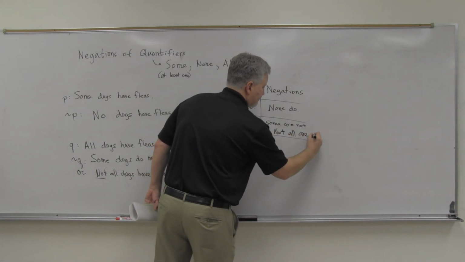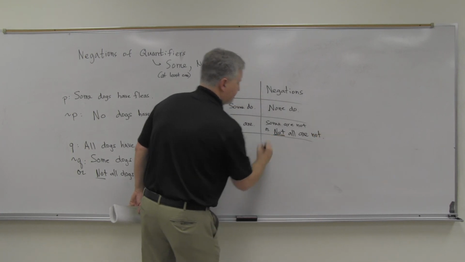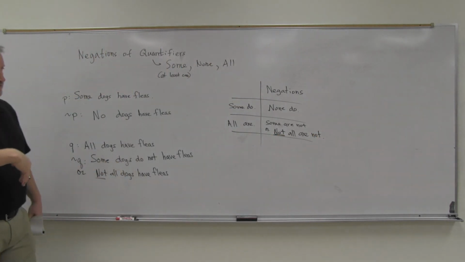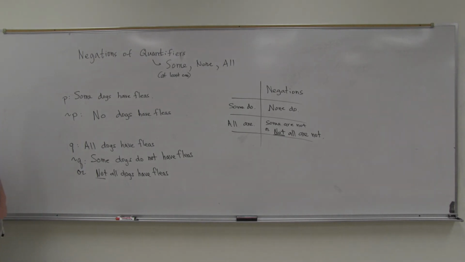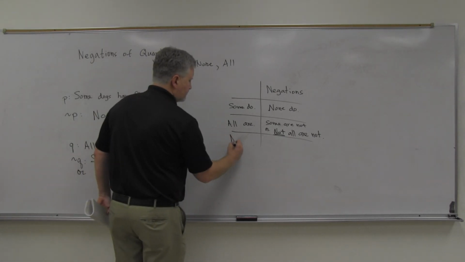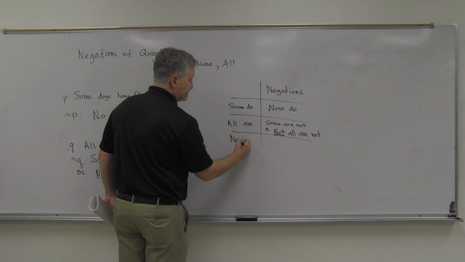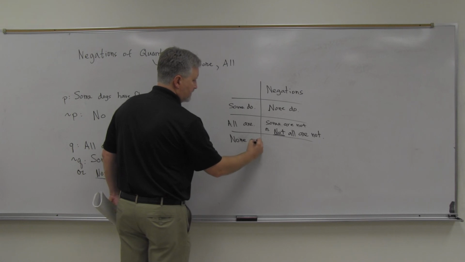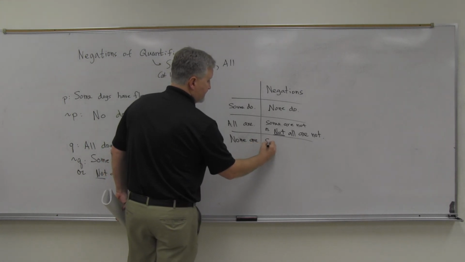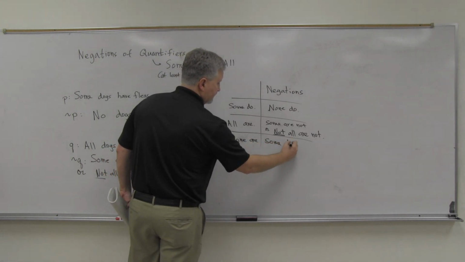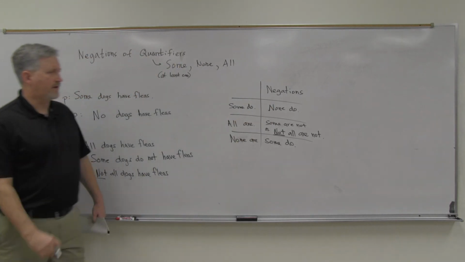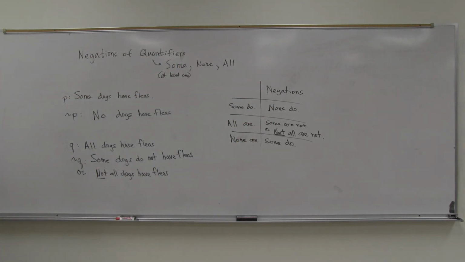Put the word not before the word all, "not all are." That would do it. And then "none" or "no": none are, none do. The negation of that is "some do." So those work the opposite. All right, so just keep that in mind when you're negating those.